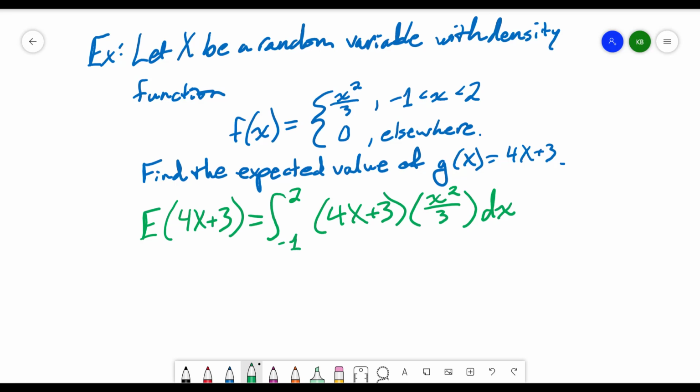Now, x is restricted to negative 1 to 2, so we're actually integrating from negative 1 up to 2 for this. And when I do this, I can pull the 1/3 out front, so I have 1/3 times the integral from negative 1 to 2 of 4x cubed plus 3x squared dx.